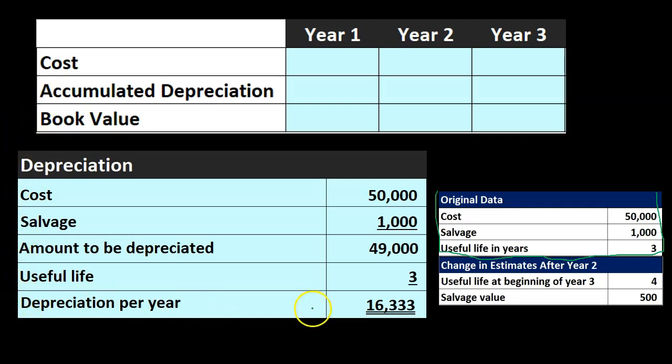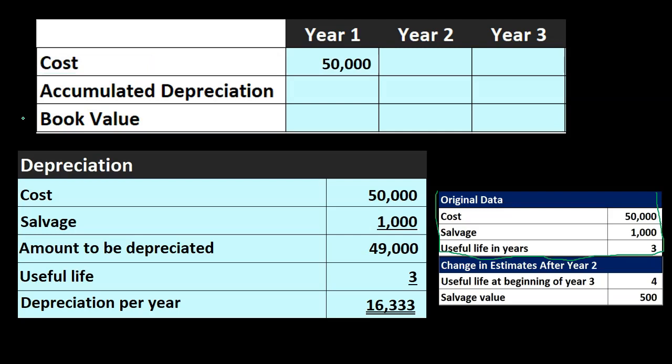So being able to calculate depreciation is not everything you need to know. We need to know how to calculate the accumulated depreciation and how to calculate the book value, because those are going to be common forms of questions, and just to understand, of course, the concepts.